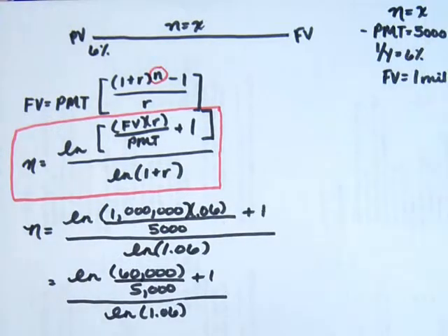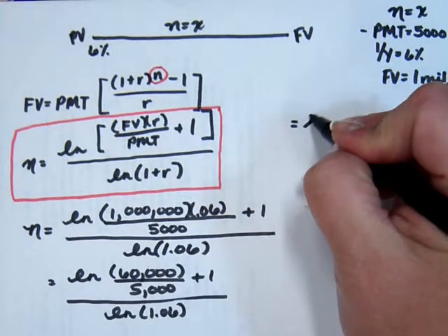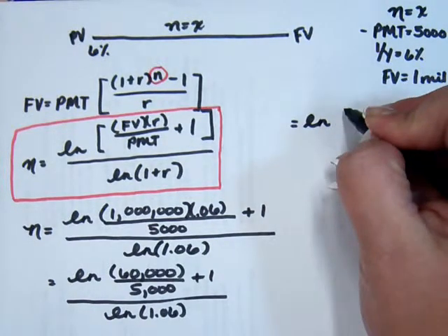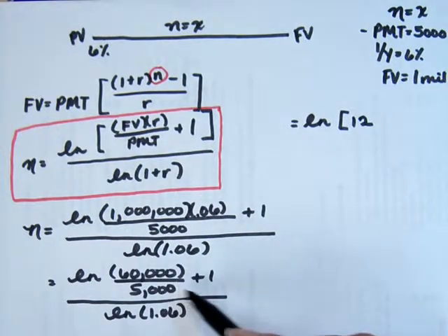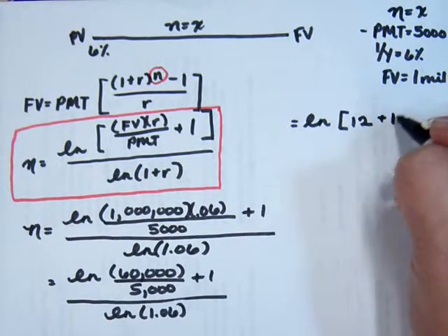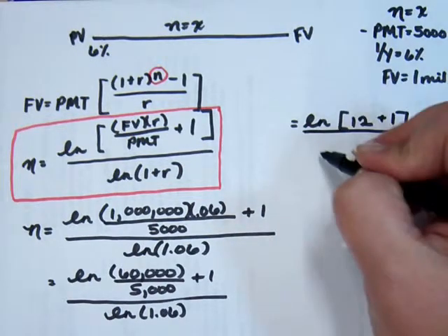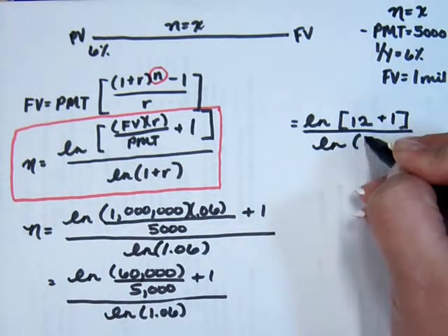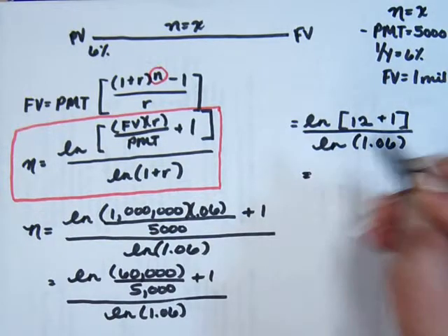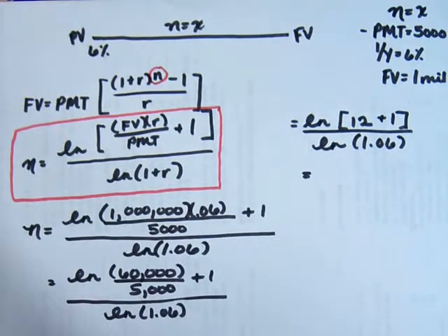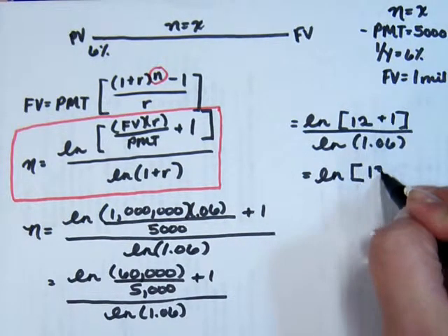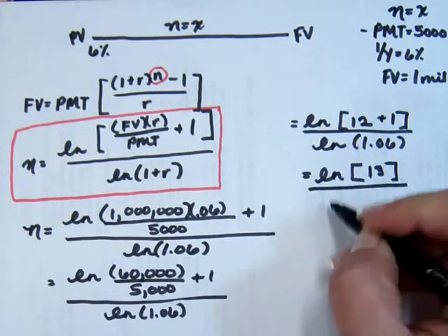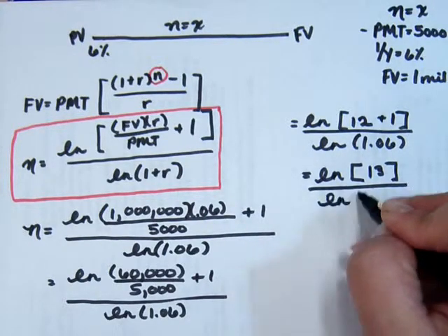So that means we're going to take the natural log of 12 plus 1, which is the natural log of 13, divided by the natural log of 1.06.